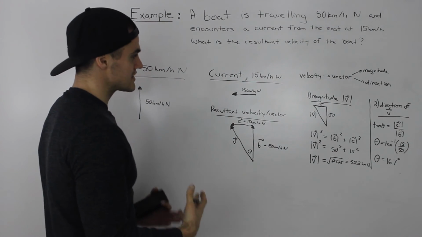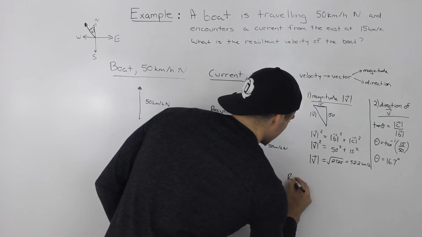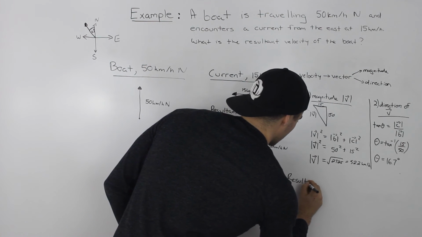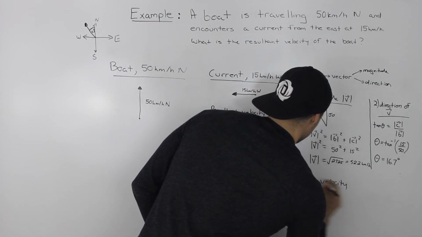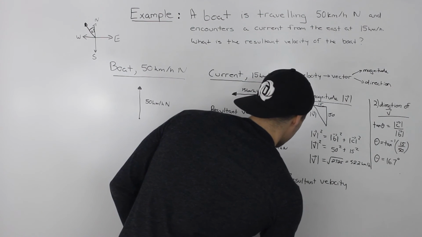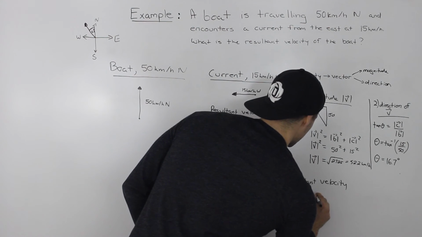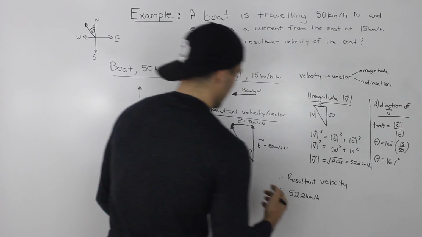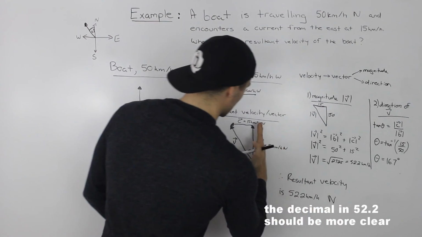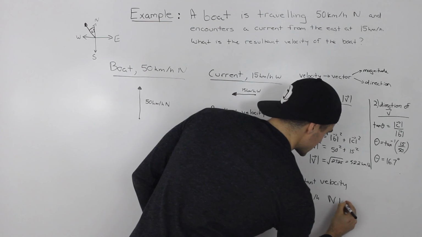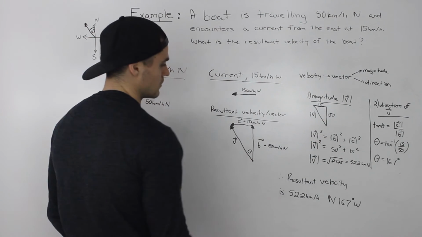So to express the final, resultant velocity: it is 52.2 kilometers per hour, and the direction would be north. We start at north and go 16.7 degrees west, towards the west side.